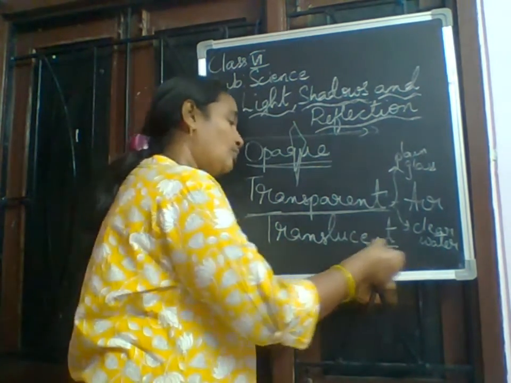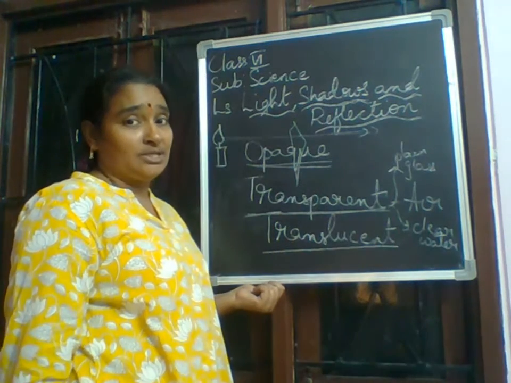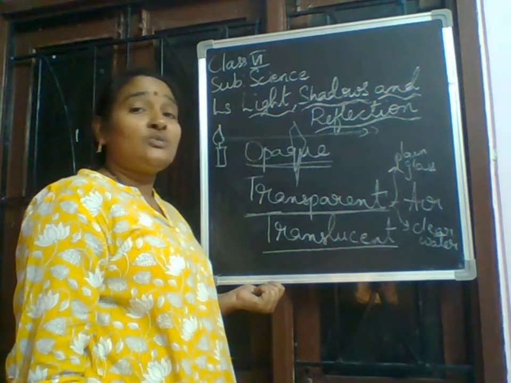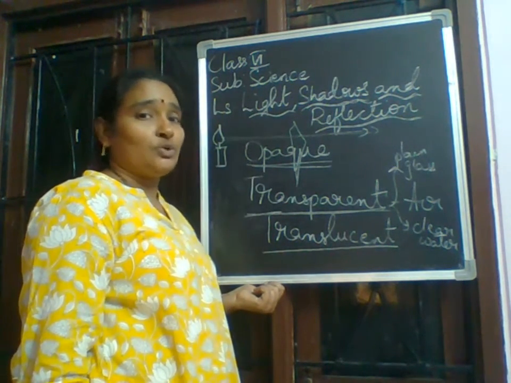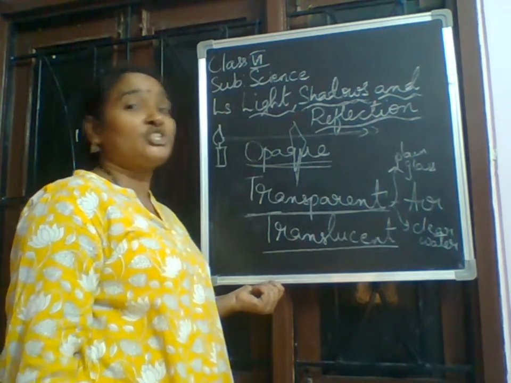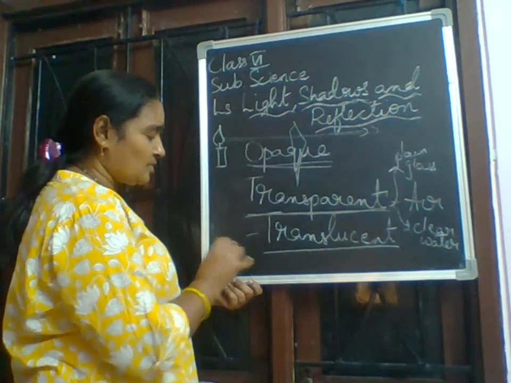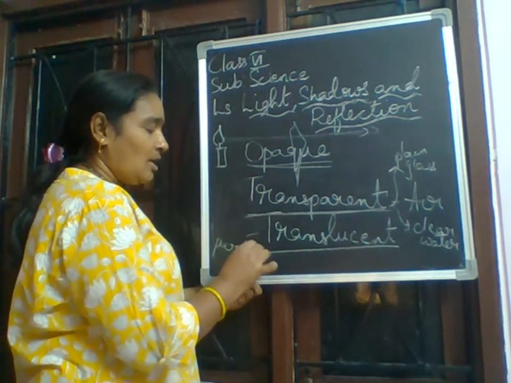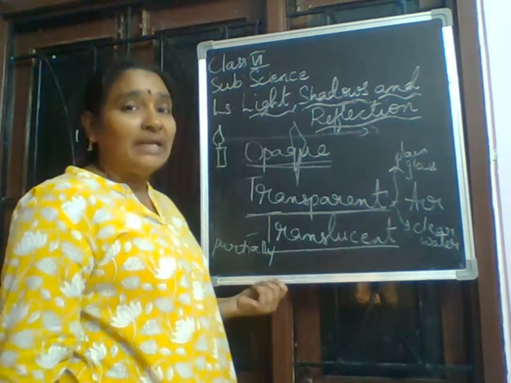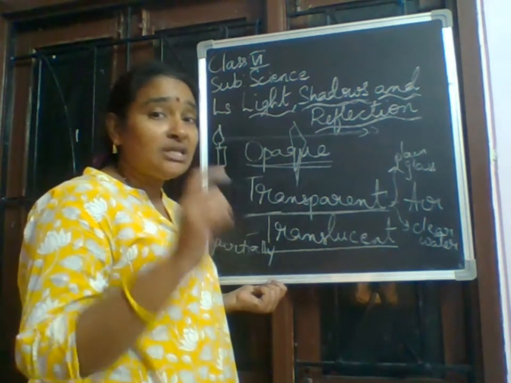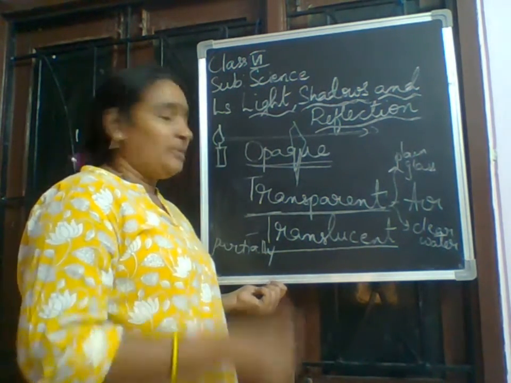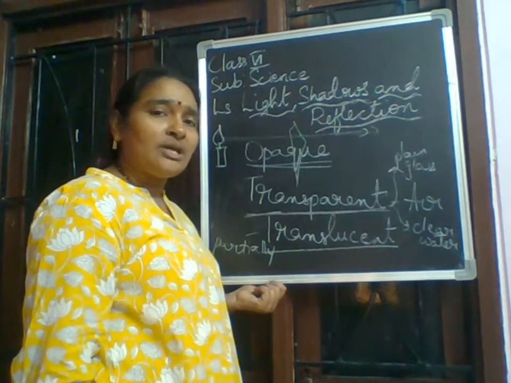Okay, next we will go for translucent materials. These are materials which allow light to pass through them partially. I have used the word partially. Partially means not completely, only to some extent. Those materials are called translucent materials.